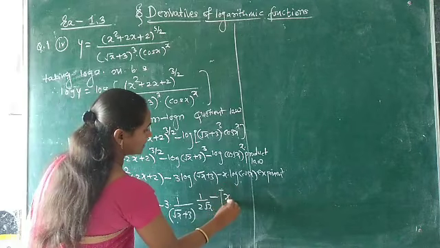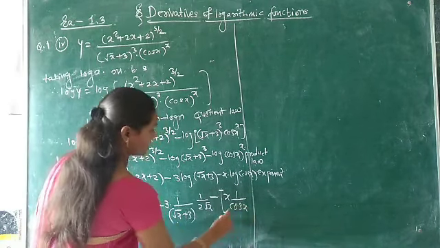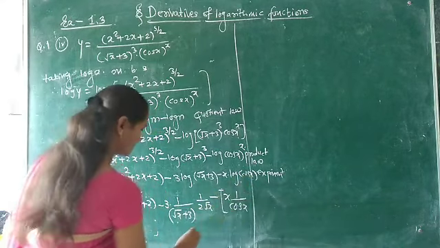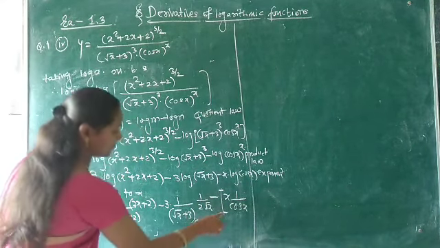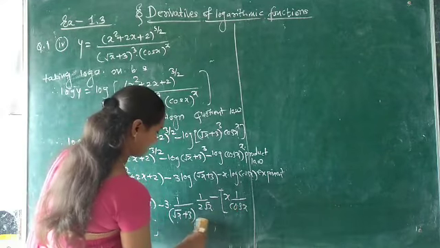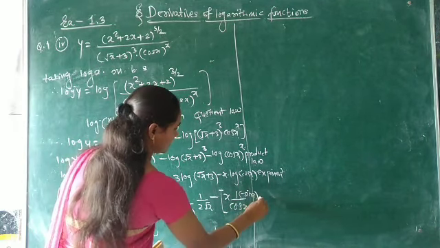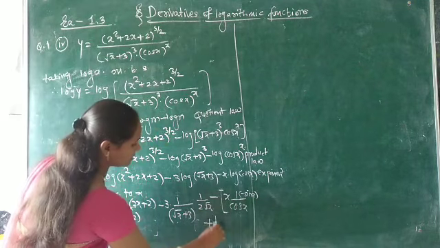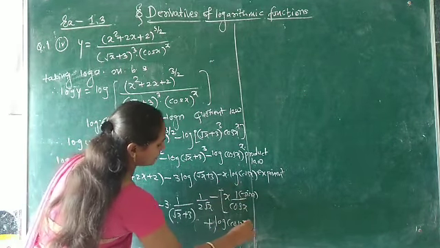So x into the derivative of log of cos x, which is 1 upon cos x into the derivative of cos x, which is minus sin x, plus log of cos x as it is, into the derivative of x, which is 1.